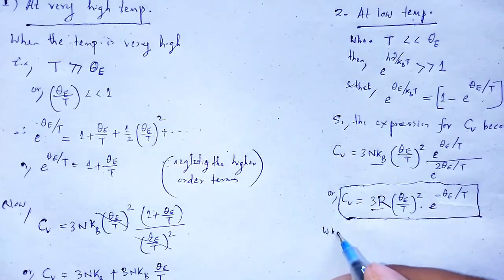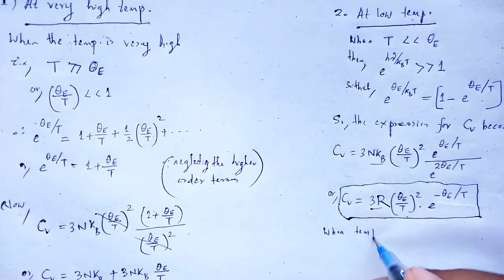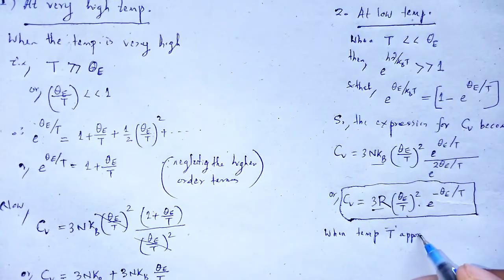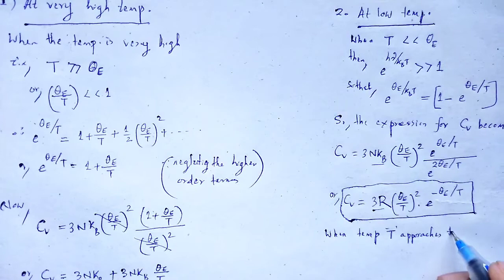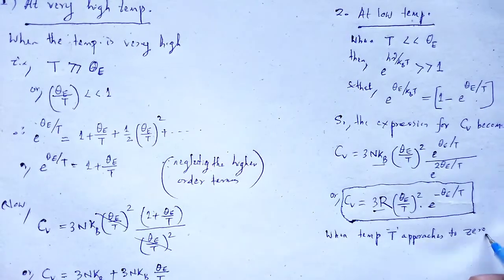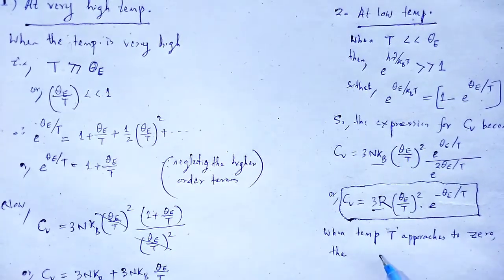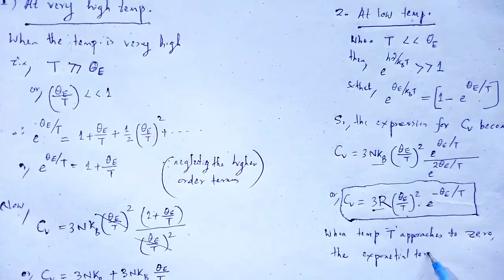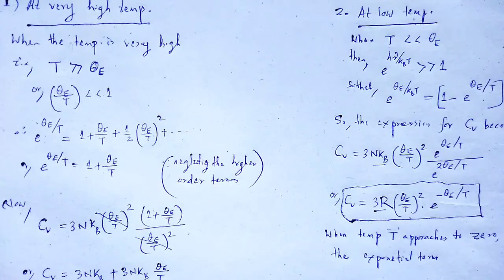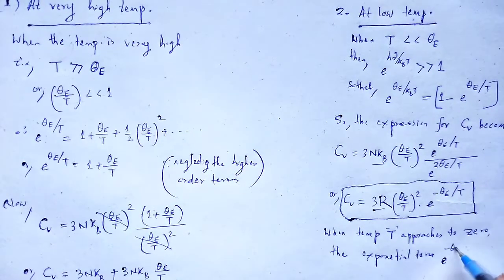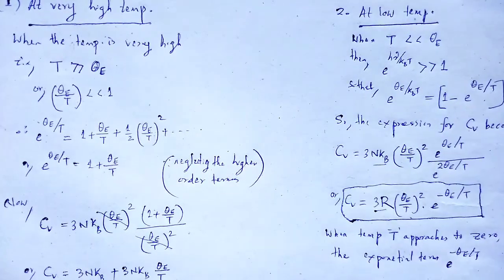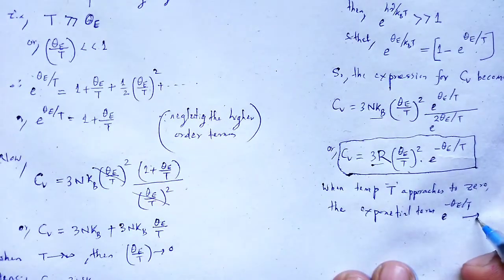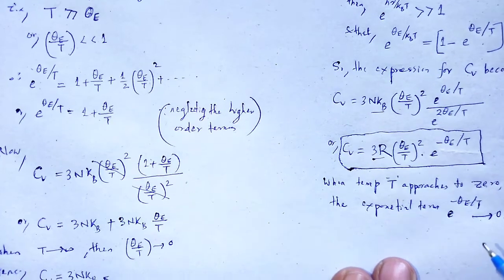So when temperature T approaches 0, the exponential term e to the power minus theta e by T approaches 0, that tends to 0.